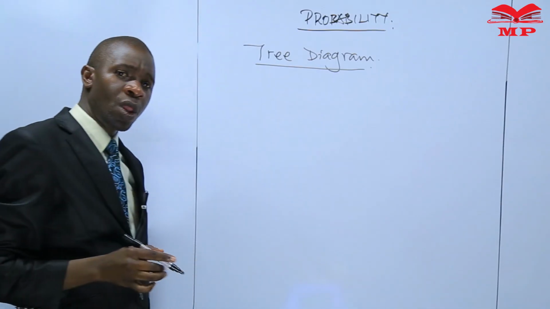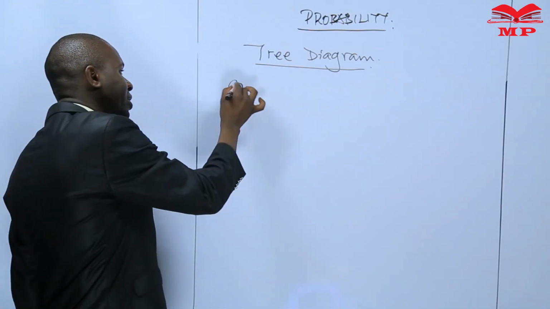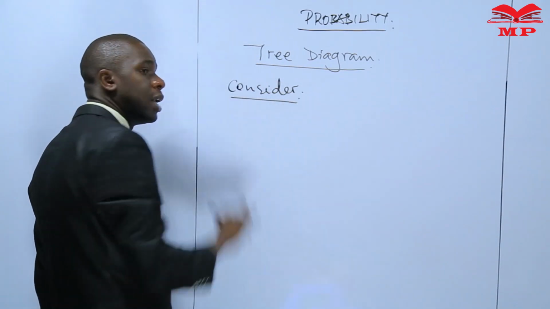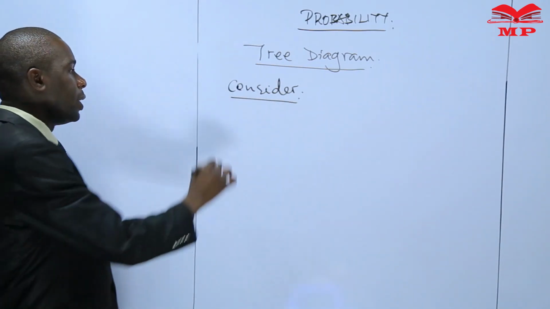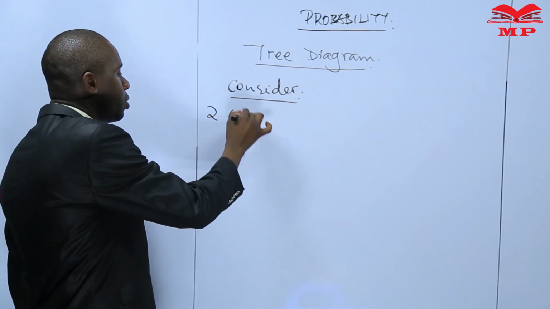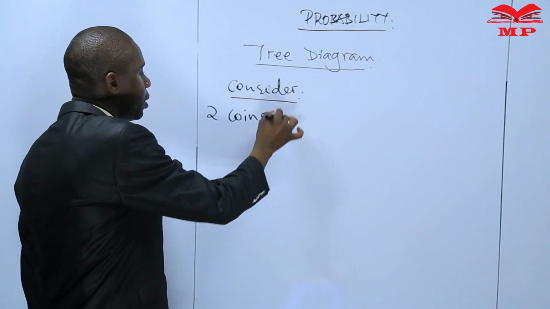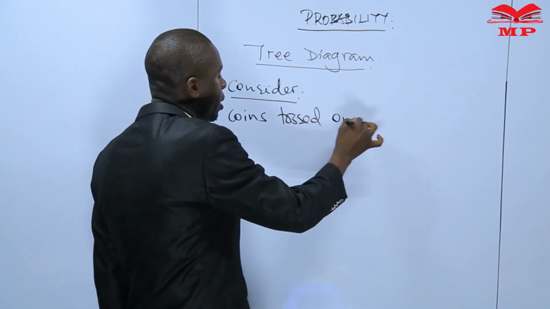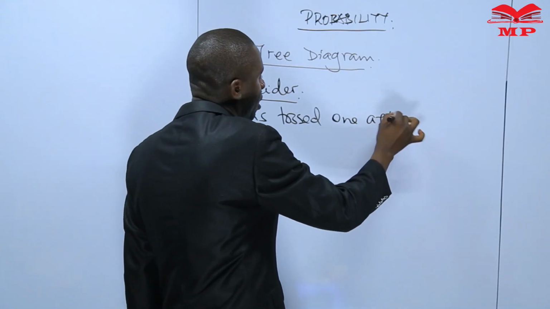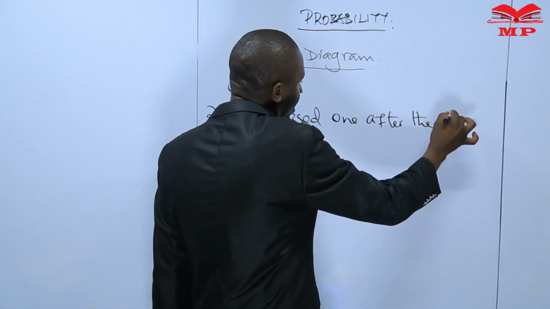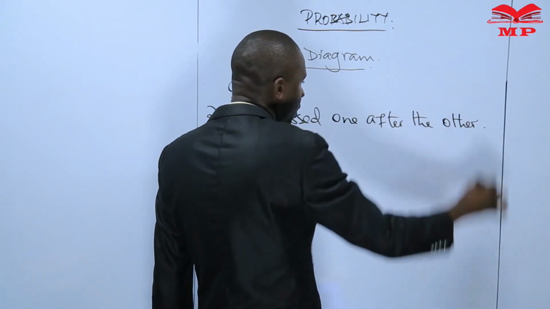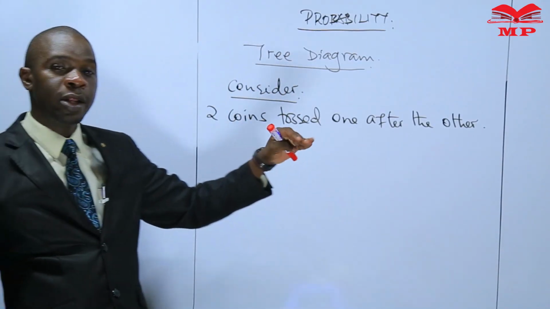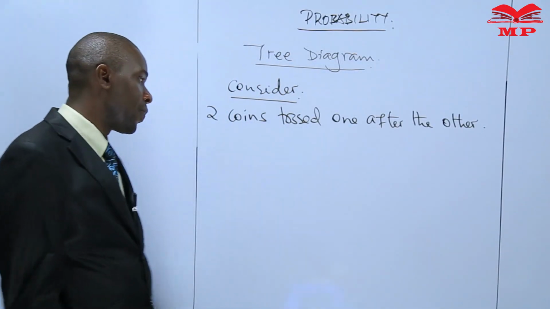Now, consider, I want us to start from that point. Consider two coins tossed one after the other. I want us to come up with a sample space of two coins tossed one after the other.